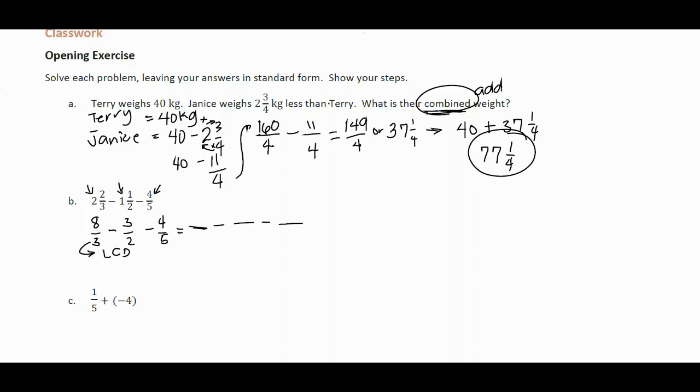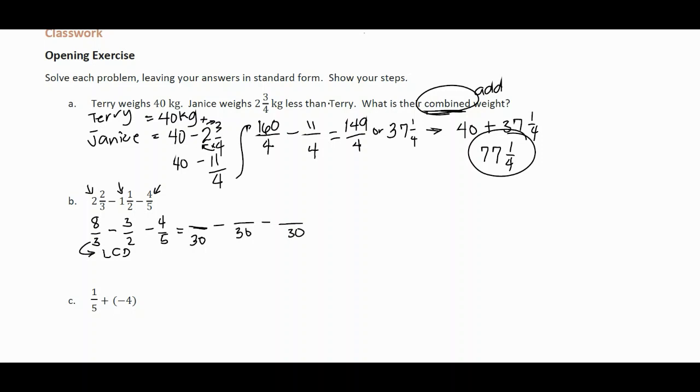So in this case, it will be 30. And how did I get that? 3 times 2 is 6, and 6 times 5 is 30. You can choose something lower than that, but you have to make sure that we can divide it by 3, by 2, and by 5. But in this case, only 30 is the least common denominator.